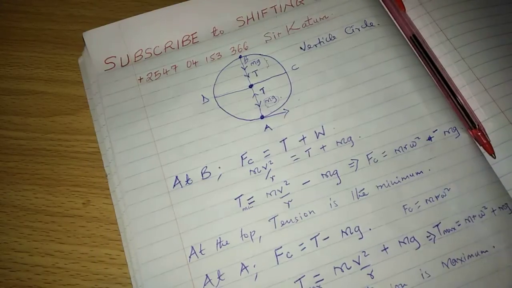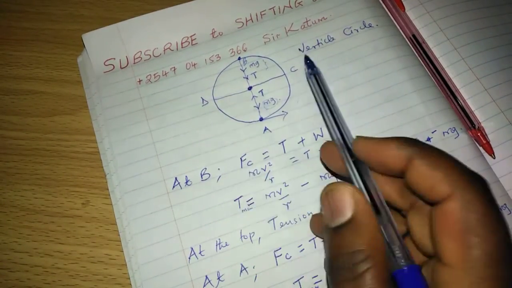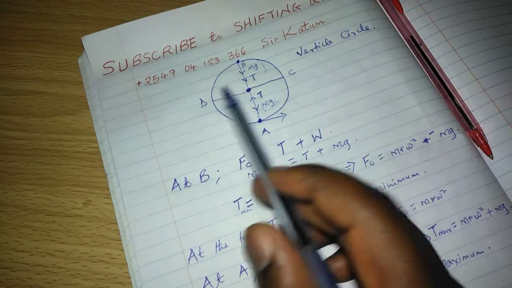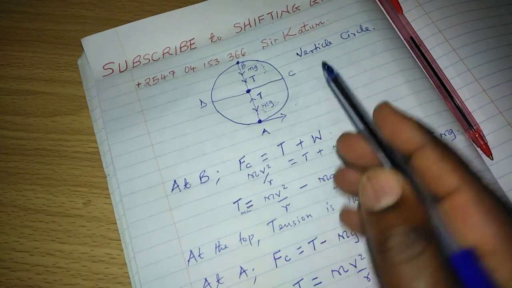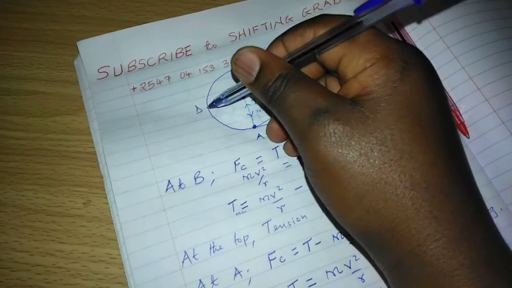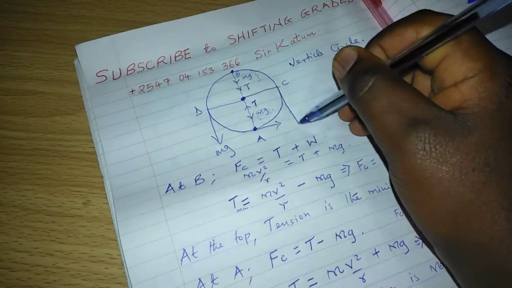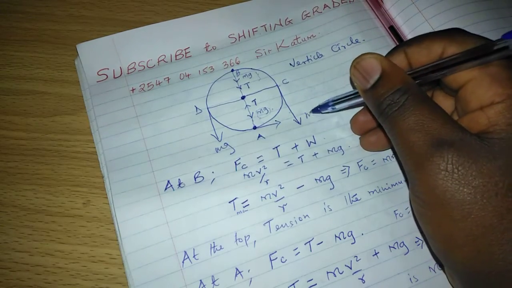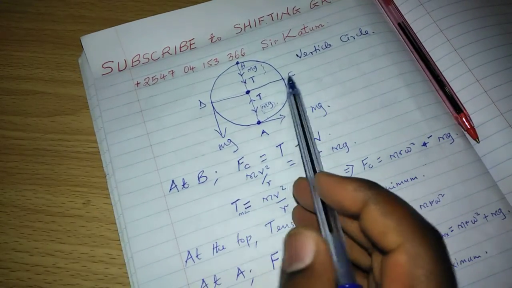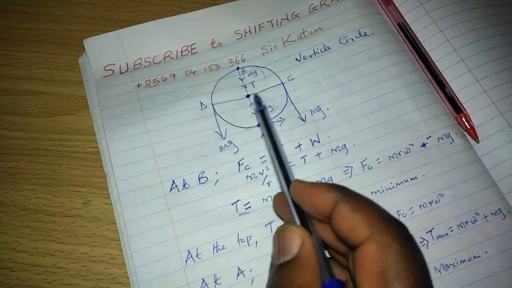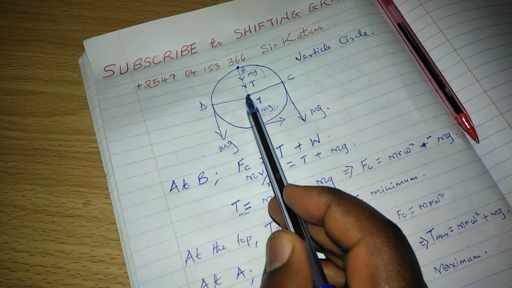At points D and C, since the weight of the body is still acting downwards, the weight of the body at D and C is acting downwards, it doesn't affect the action towards the center. It is independent.